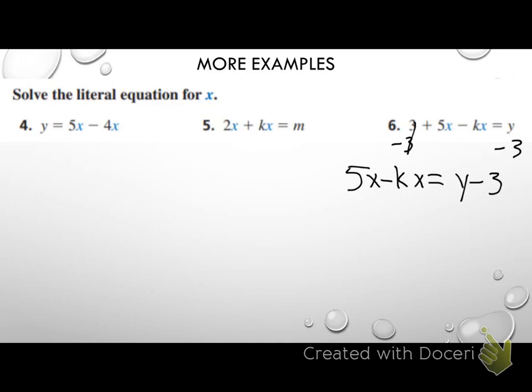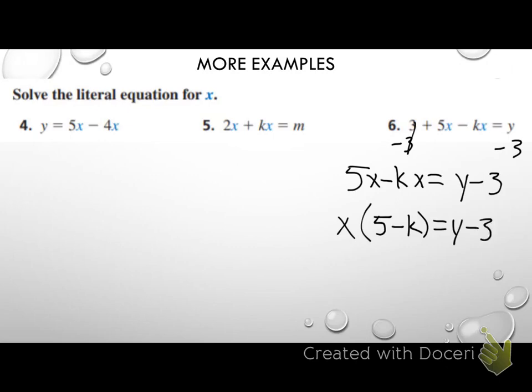Now what would I do? Yep. Both these terms share an x, so I'm going to factor an x out. X times what would give me 5x? 5. X times what would give me negative kx? Negative k.